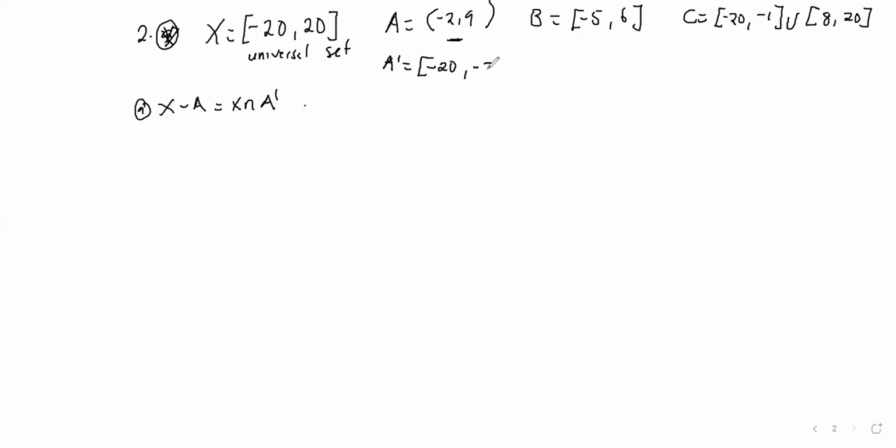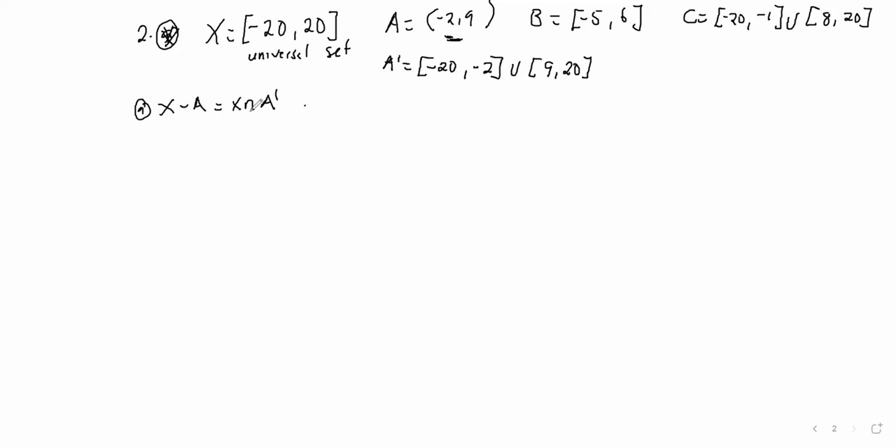Comma -2. Now -2 is a starting left boundary of A and is not included in A. So we include it in the complement. Union, you include 9 again because 9 is not in A. So you include it in its complement all the way up to 20.